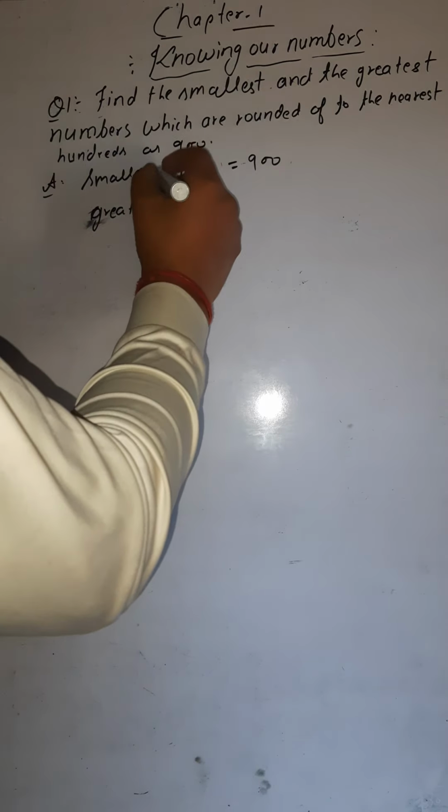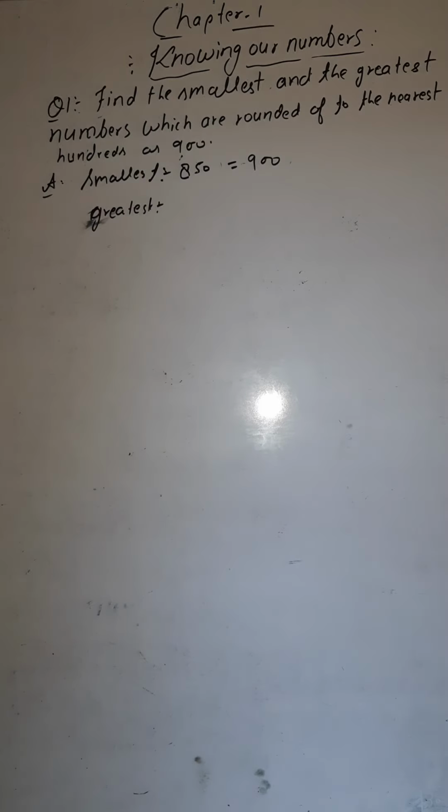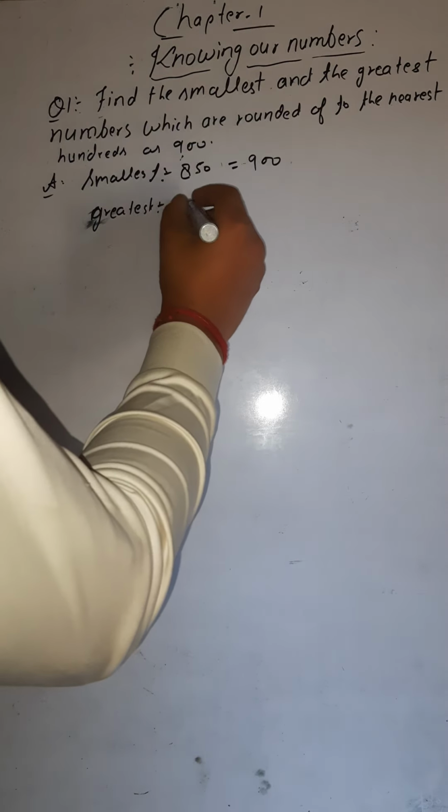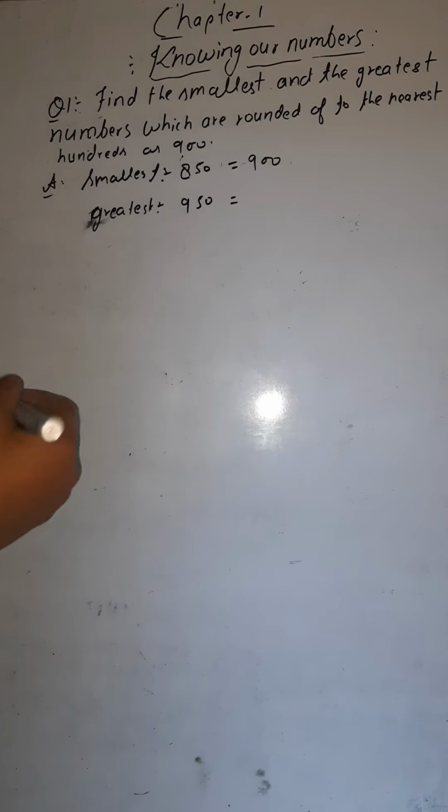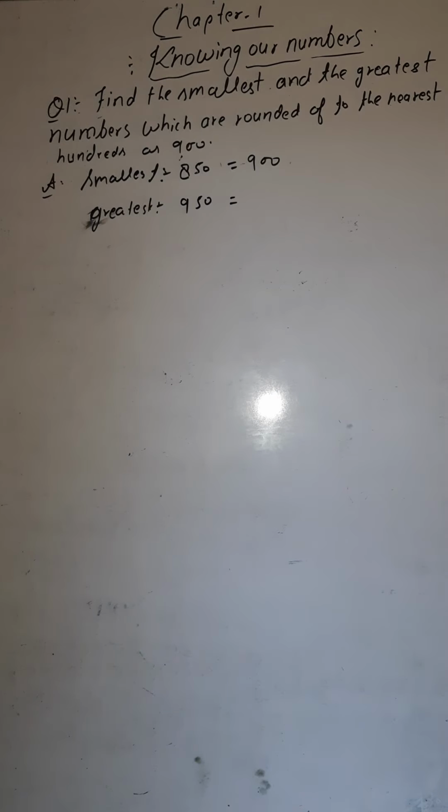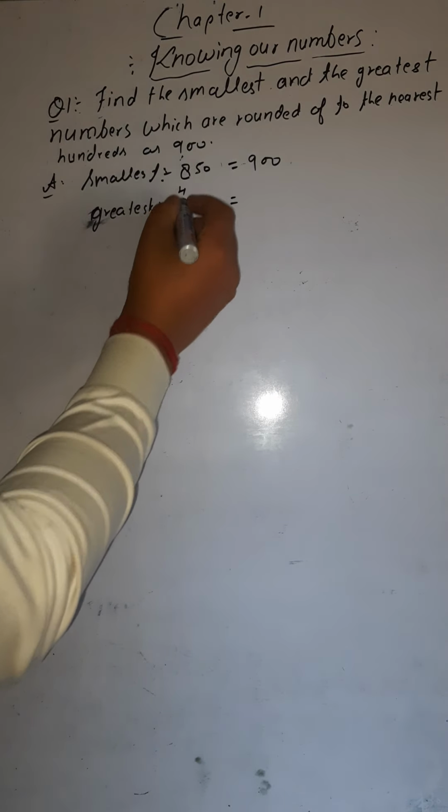So what is the smallest number here? 850. Now you have to check the greatest number. If you are rounding that off to its nearest 100, the answer again would be 900. So let me check the number 950 now. Which number is there at the hundreds place?